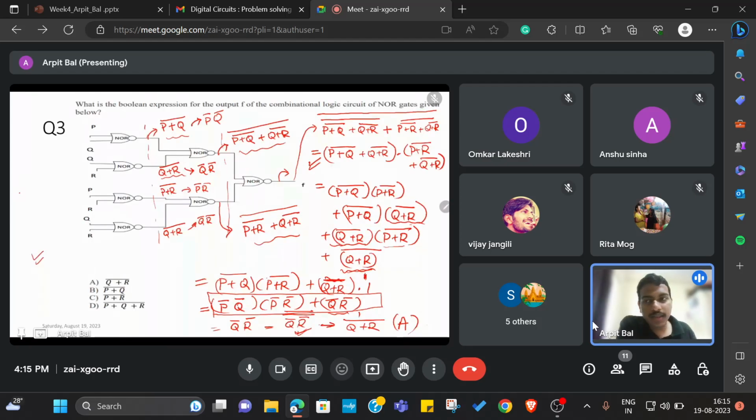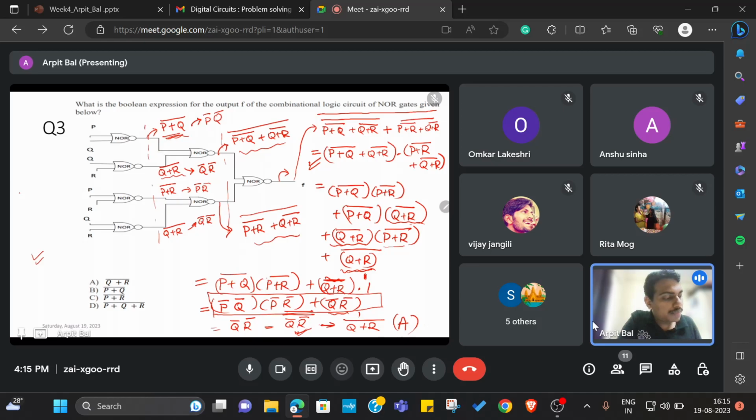For question 3, we observed that it can be solved using two methods. One, if we directly go on substituting the main values, like for NOR, we know the expression is going to be the NOT of the input summation.